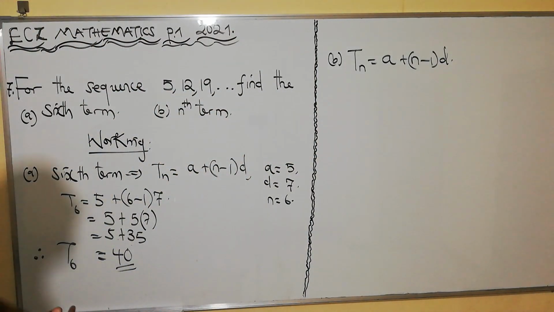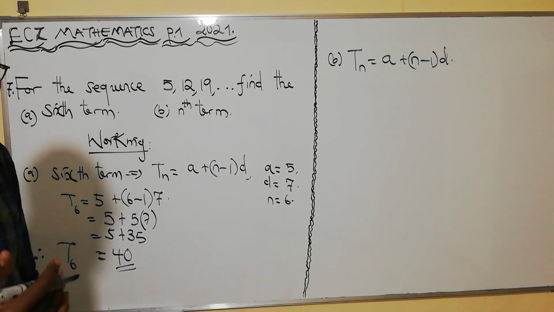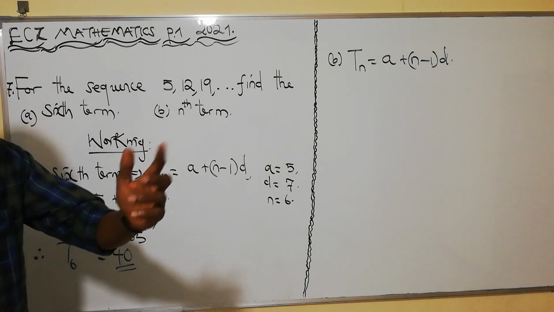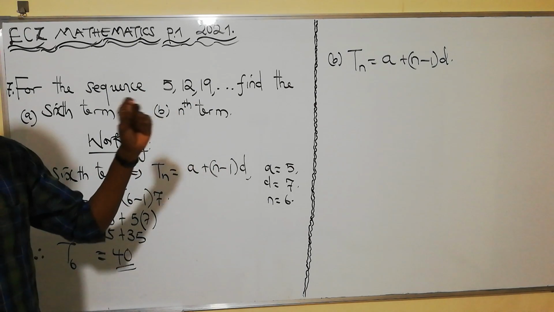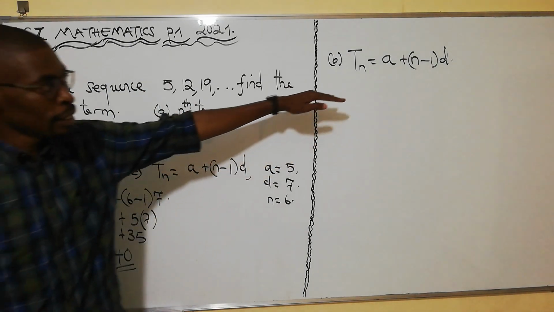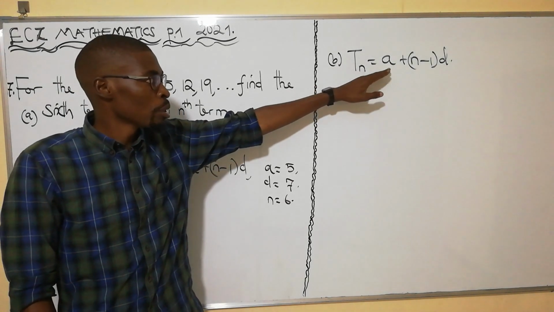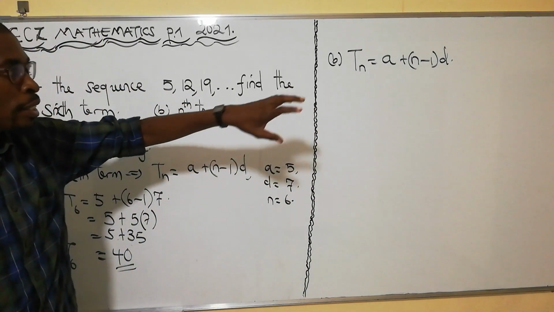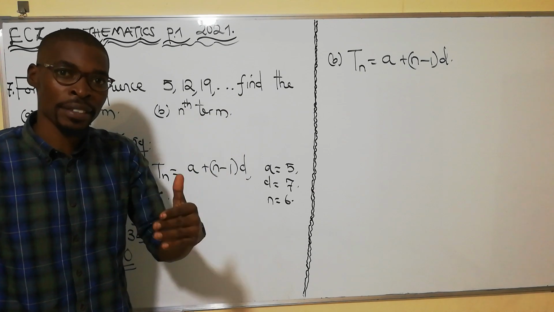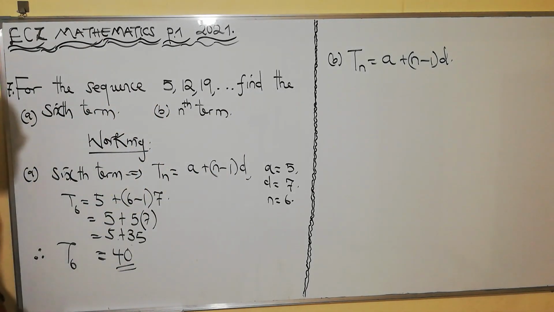So why are we asked again to get the nth term? Every AP has its own formula for the nth term. This is the general formula of the nth term, provided that you know a and d. You can derive the actual formula for this specific AP in terms of n.